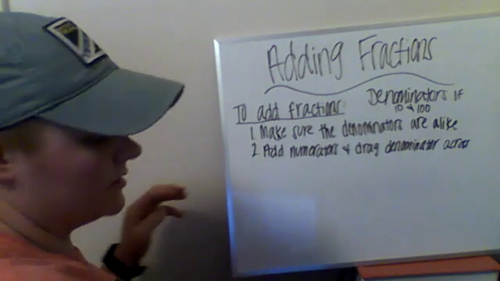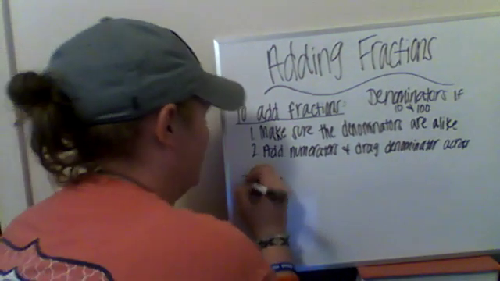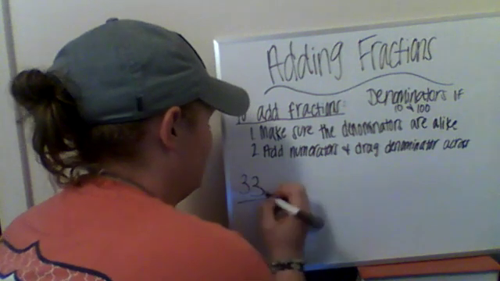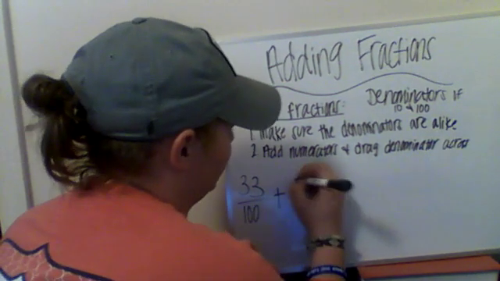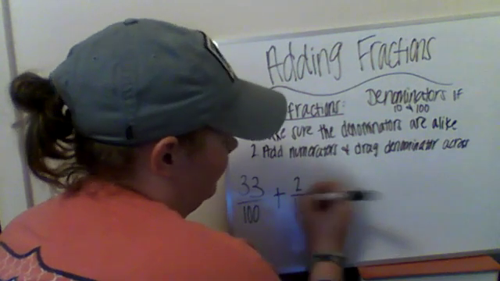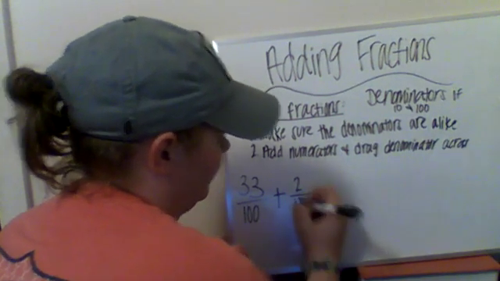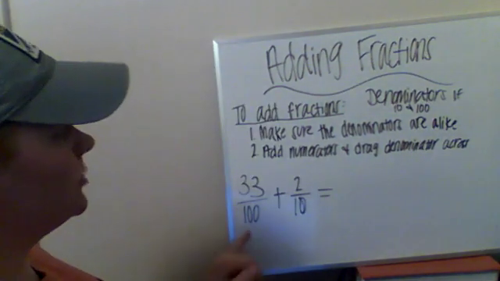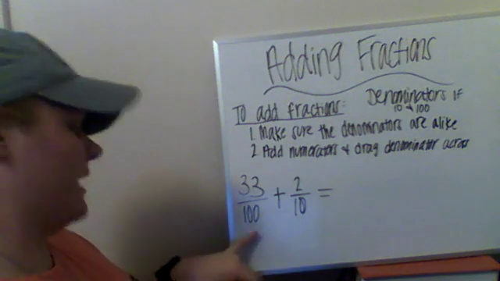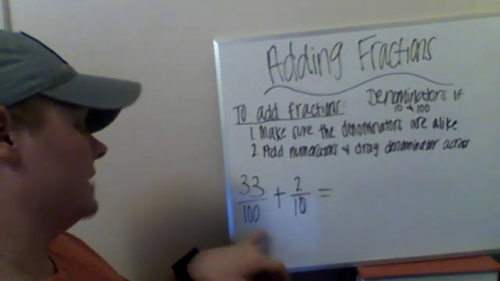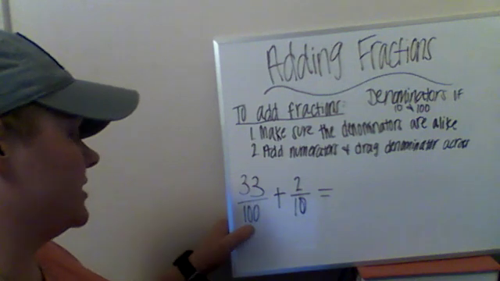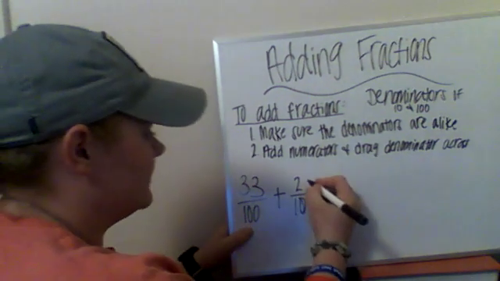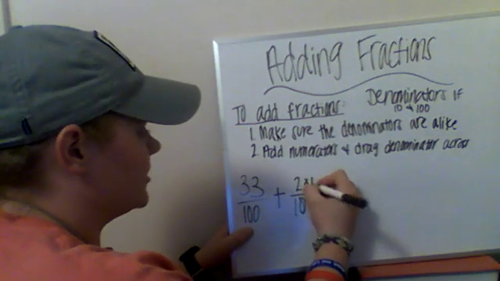Okay, so let's look at 33 hundredths, and I want to add 2 tenths. A light bulb should be going off in your head that my denominators are not the same. I need the denominators to be like denominators of 100. So I'm going to multiply the second fraction by 10.